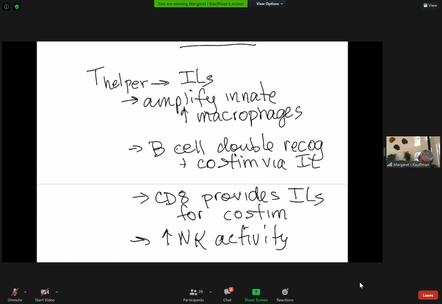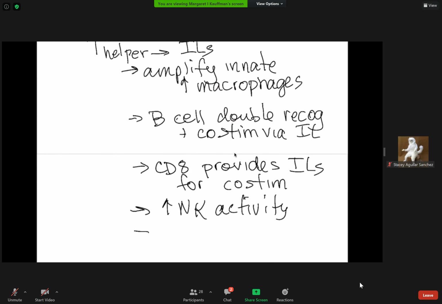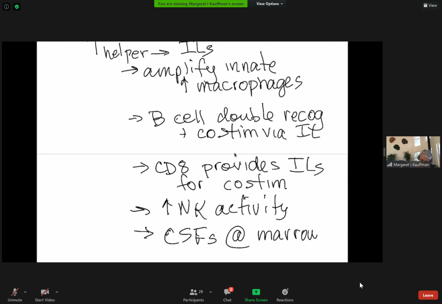Okay, there's one more thing I want to add to that, and that's some of these interleukins are colony stimulating factors. So they're going to act on the bone marrow, so that you can increase the rate of leukopoiesis, but making more white blood cells.